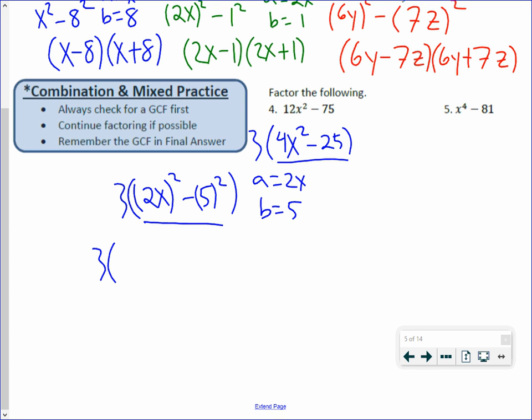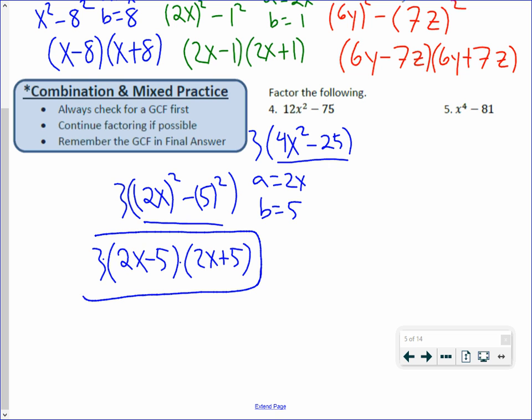It's going to be a minus b multiplied with a plus b. So 2x minus 5 multiplied with 2x plus 5. It doesn't really matter which way you order this, since they're all being multiplied together. You can put it in any way that you want. So our factored form for number 4 will be 3 multiplied with 2x minus 5 multiplied with 2x plus 5.